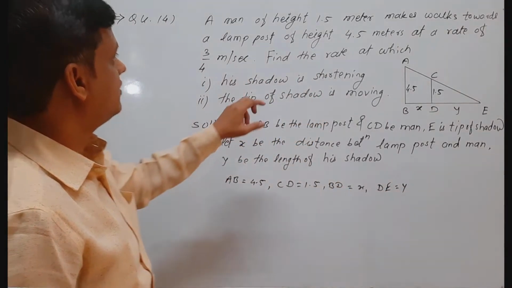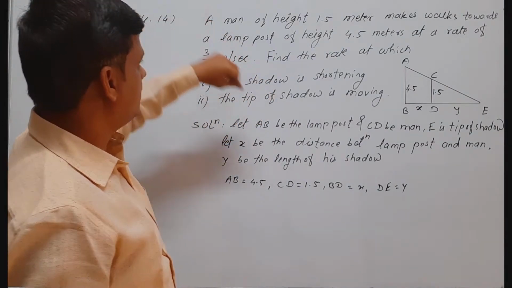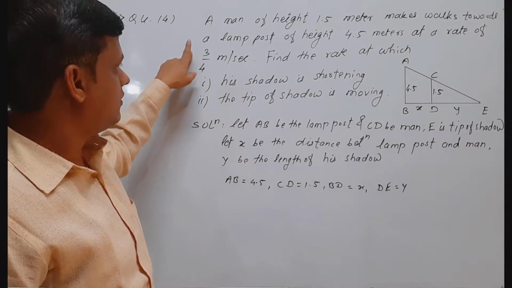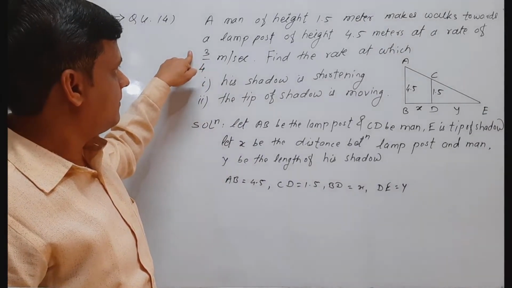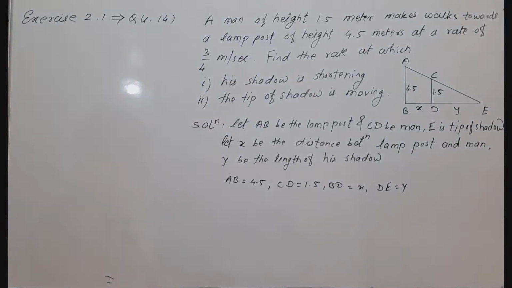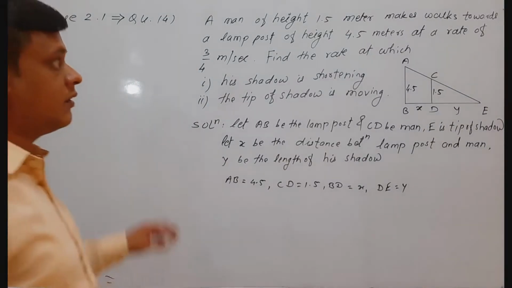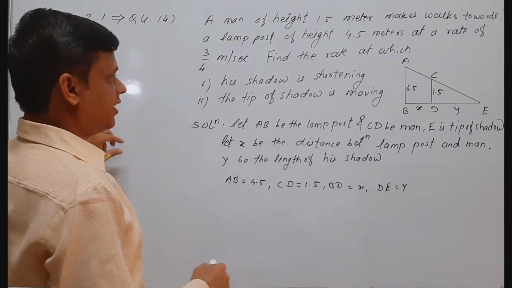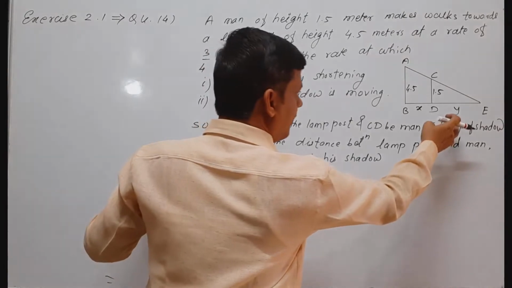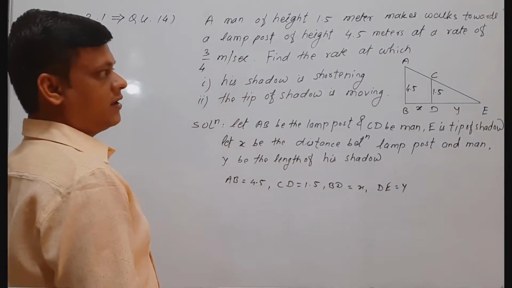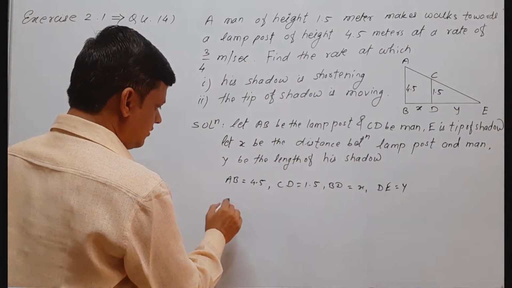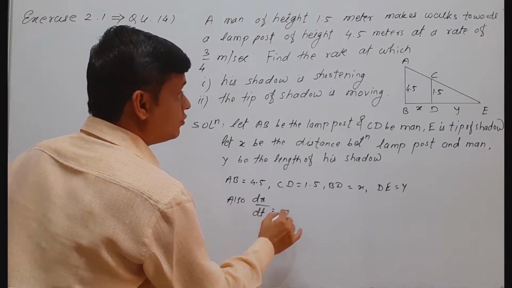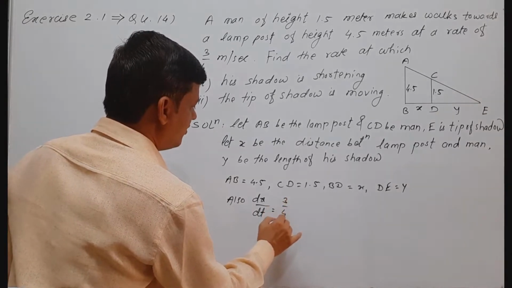So here the rate of walk is given, that is 3/4 meter per second. So the value of dx by dt is given. Also dx by dt is equal to 3/4.